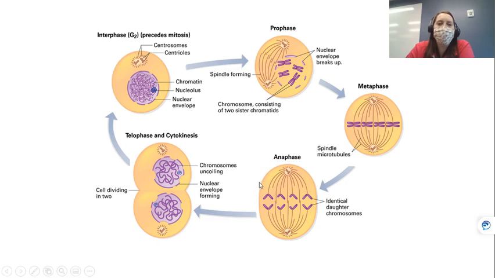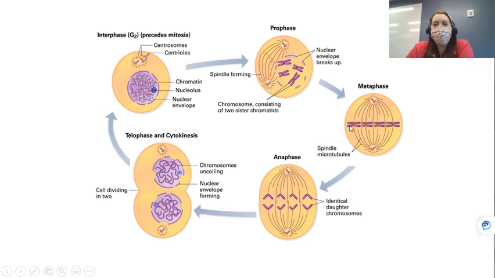Here is a nice little visual of the cell cycle in mitosis. Here we have an interphase cell. So remember, interphase is like G1, S, and G2 all combined. We have our nucleus, our chromatin form of DNA. It's all stringy, right? Then we're going to go through mitosis: prophase, metaphase, anaphase, and telophase. Prophase, you can see our DNA condensed into the chromosomes. That's prophase.